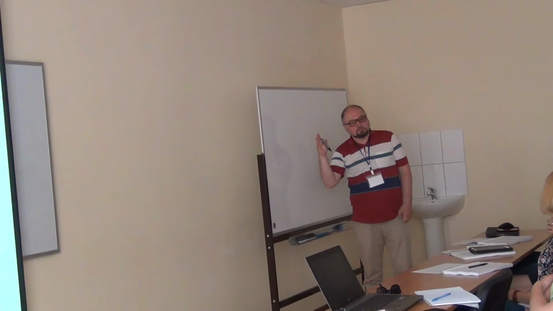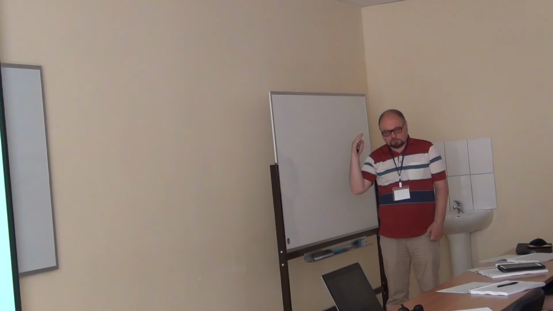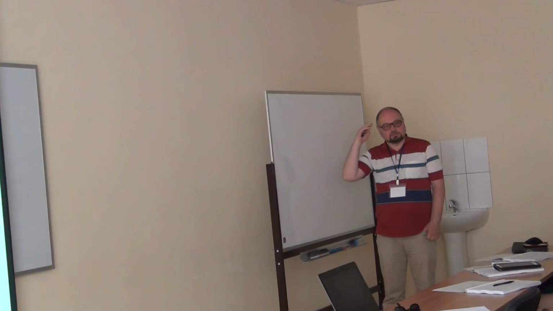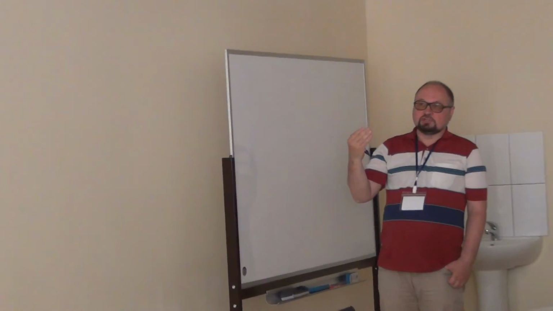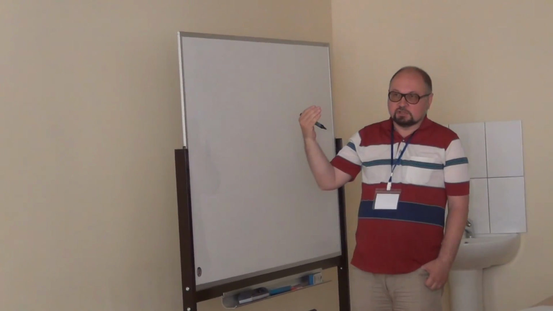What Boris presented today was the basics of confirmatory factor analysis. Confirmatory factor analysis is essentially an analysis of a variance-covariance matrix. In standardized form, it is basically a correlation matrix.